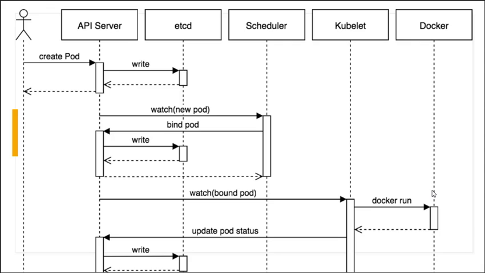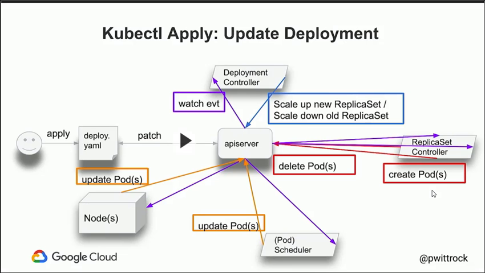So let me show you a great demonstration that I've taken from a talk by Patrick Truck. It says that when a person applies a deploy.yaml file, or applies a patch file, anything, the API server first adds that information to etcd, and then it sends the watch event to the deployment controller.